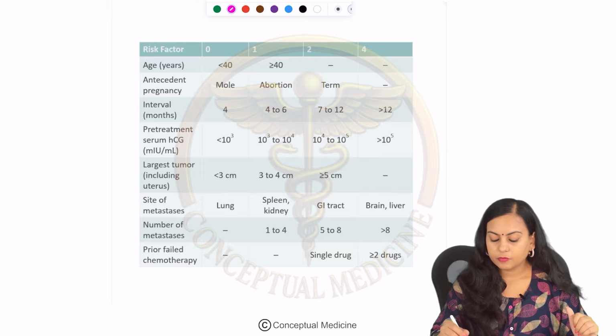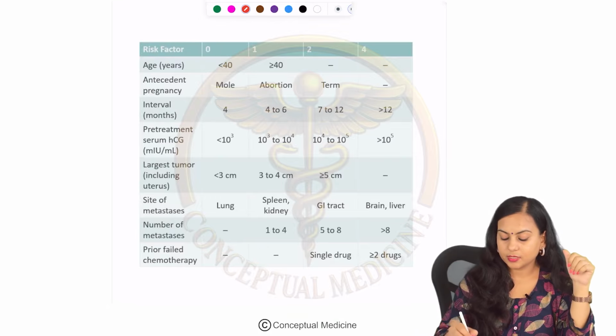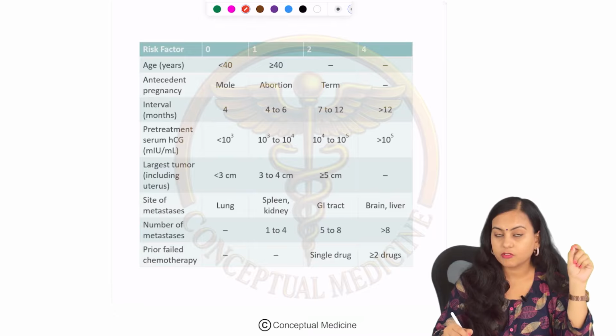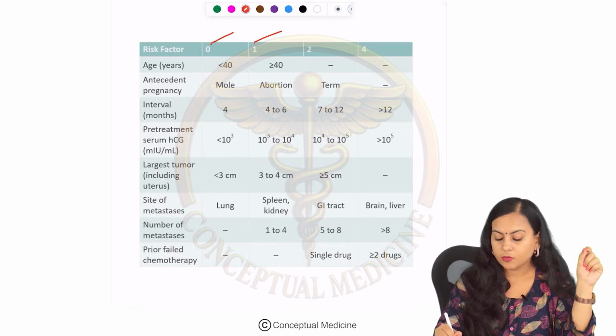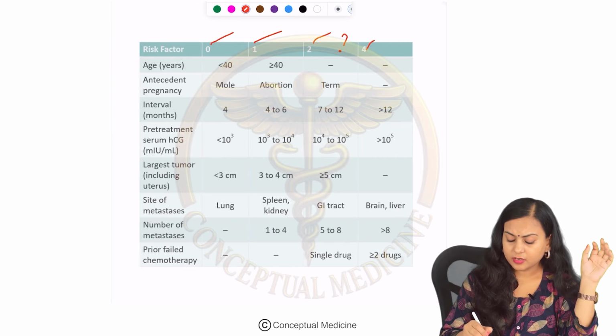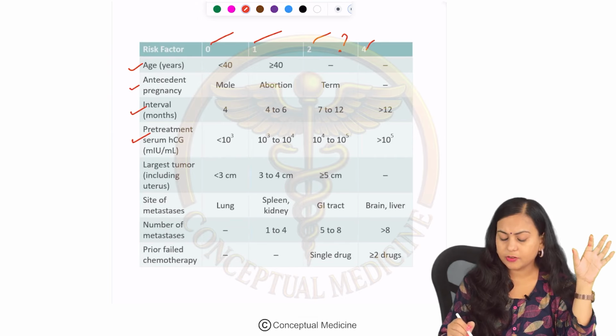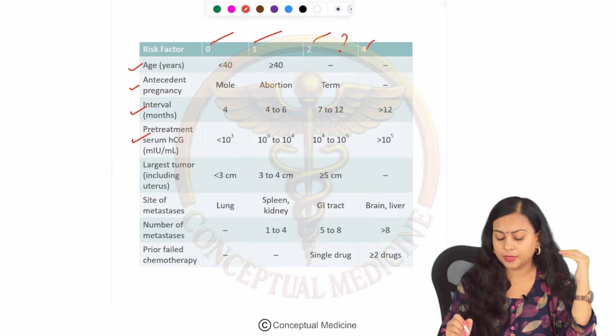Now, what is the difference you have to see in this scoring system? The risk factor is given scores right from 0. 0 is there, 1 is there, 2 is there, 3 is missing. Clear? You don't have 3 here, you straightaway have 4. And the risk factors are age, antecedent pregnancy, interval in months, pre-treatment serum HCG, that is given in international units per milliliter.